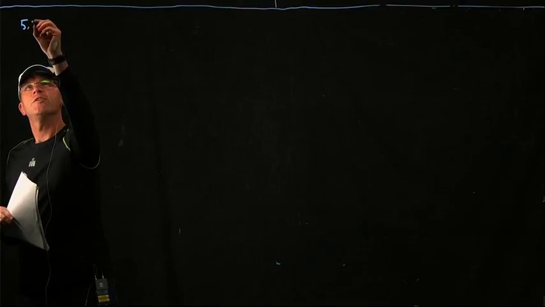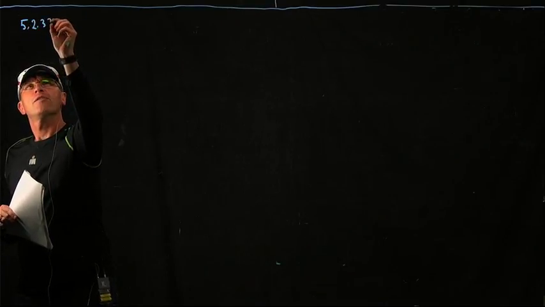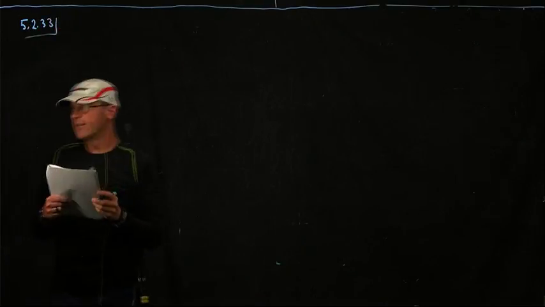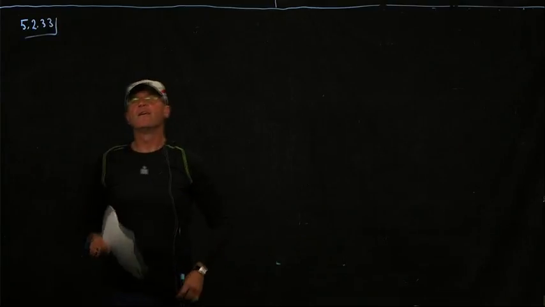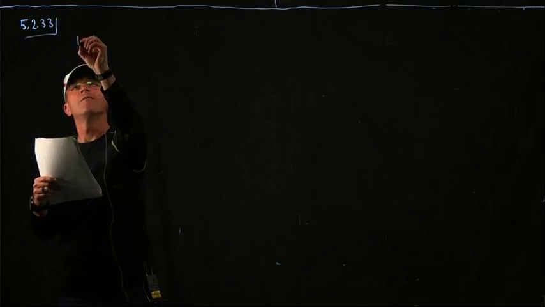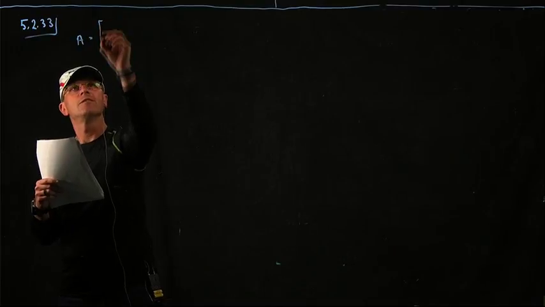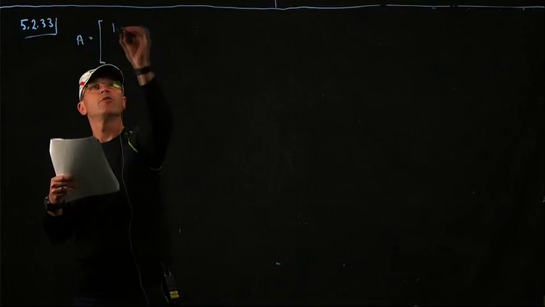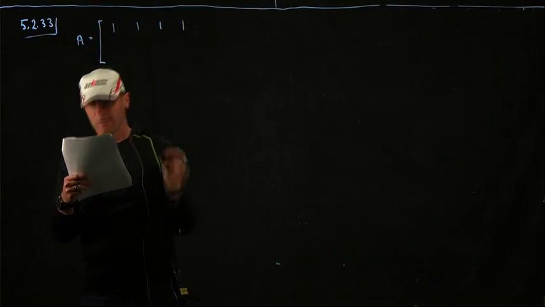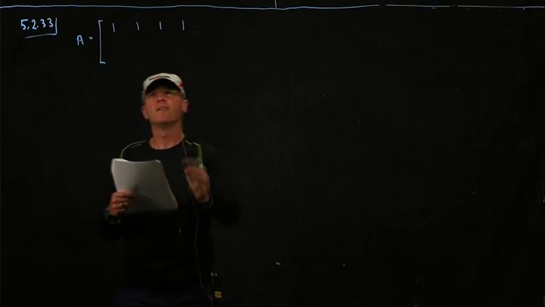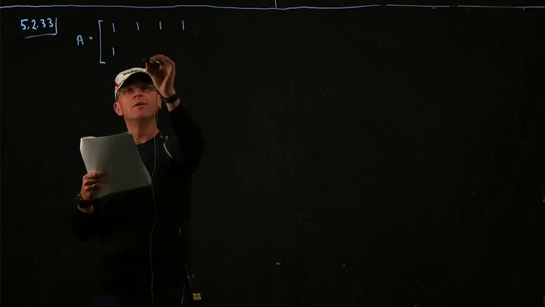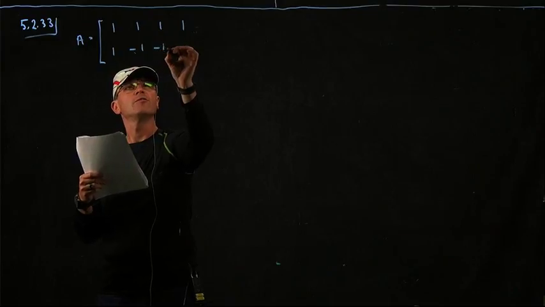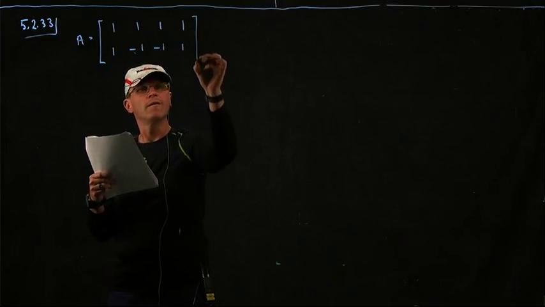So 5.33. We are given a matrix. So the matrix is this. First row, we have all ones. Second row, we have 1, minus 1, minus 1, and 1.